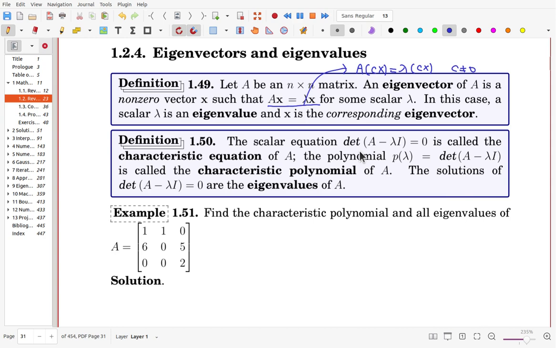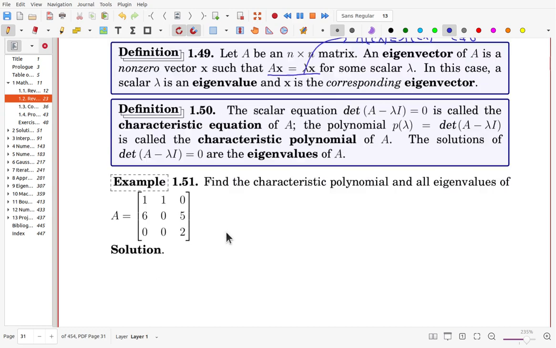Now, the scalar equation determinant of A minus lambda I equals 0 is called the characteristic equation of A. The polynomial p(lambda), the determinant of A minus lambda I, is called the characteristic polynomial of A. The solutions of this characteristic equation are the eigenvalues of A. To find the eigenvalues of A, we have to solve this characteristic equation.